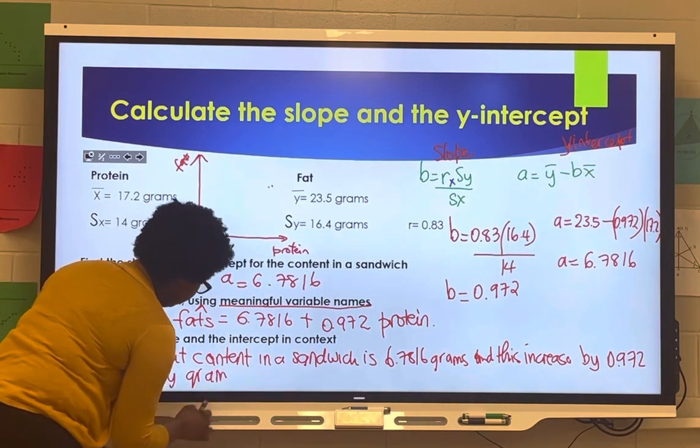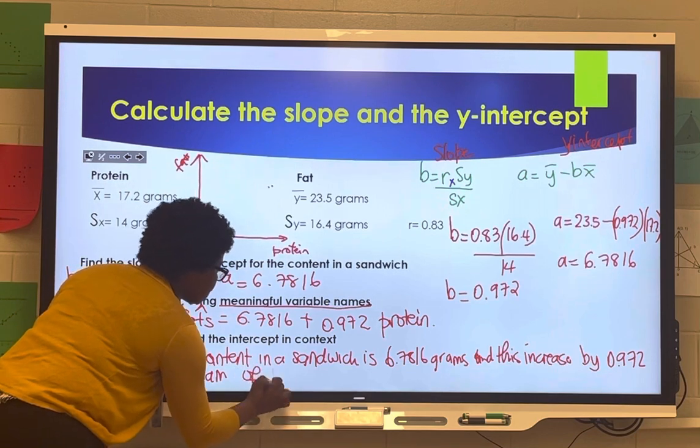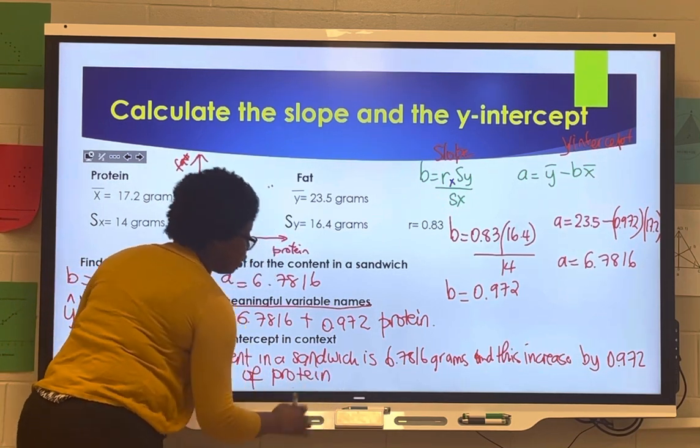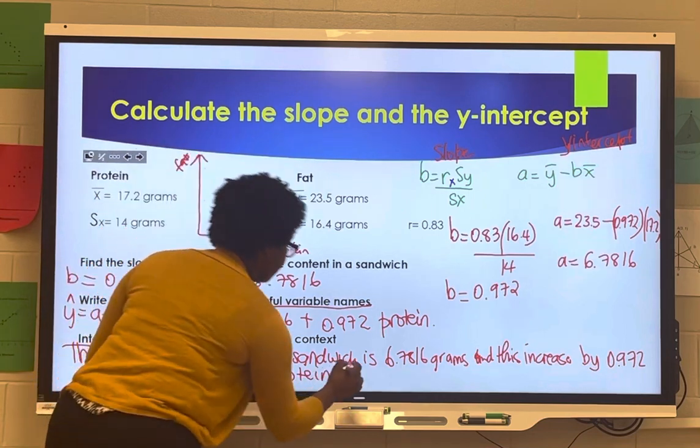So the more protein you add to your sandwich, the higher the fat content will be.